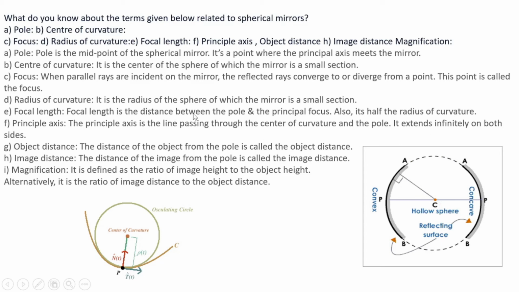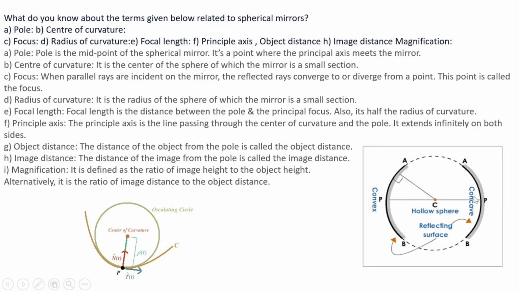Focal length is the distance between the pole and the principal focus. Distance between the P and the principal focus. Here, anywhere, or for a concave mirror, if they are here, how much distance? If the focus is here, how much distance?